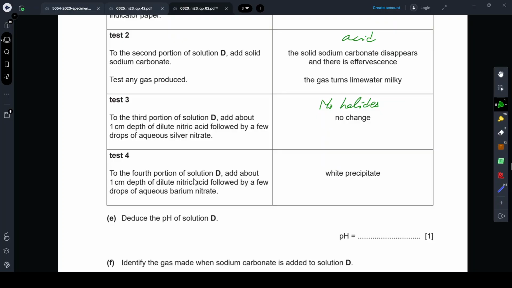To the fourth portion of solution D, add about 1 centimeter cube depth of dilute nitric acid, followed by a few drops of aqueous barium nitrate, and you're getting a white precipitate. So what does that tell you? Remember what this is used to make?